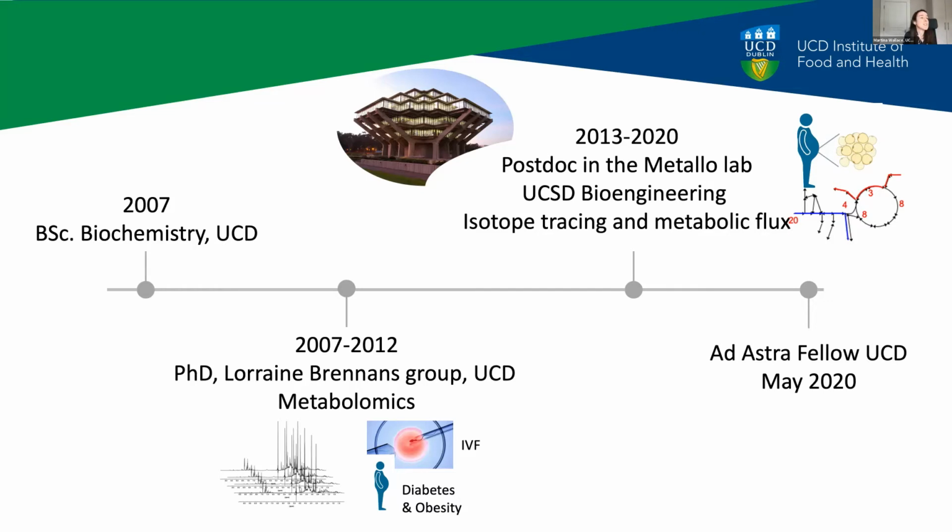And then in 2013, I went and worked in Christian Metallo's lab in UCSD. His lab specializes in applying stable isotope tracing to look at metabolism and metabolic flux. So here I used these technologies to look at adipose tissue metabolism in obesity, among a number of other diseases such as cancer and also macular degeneration.